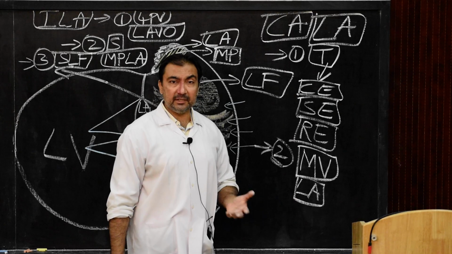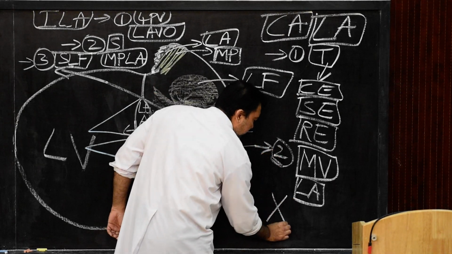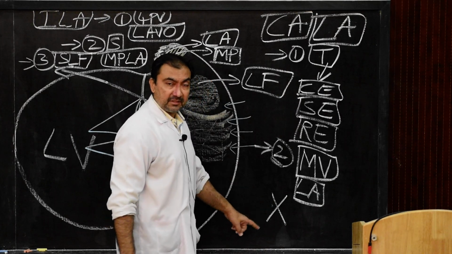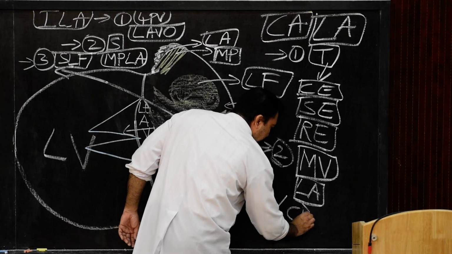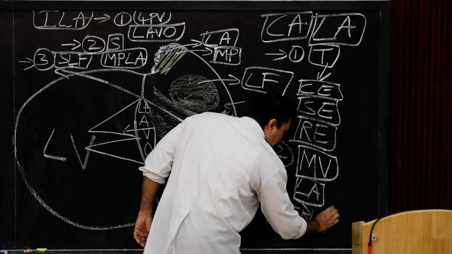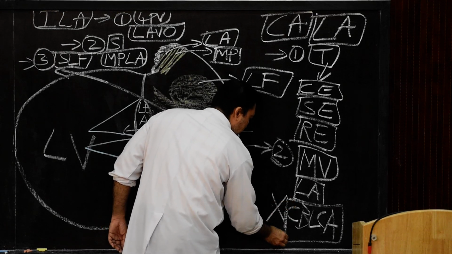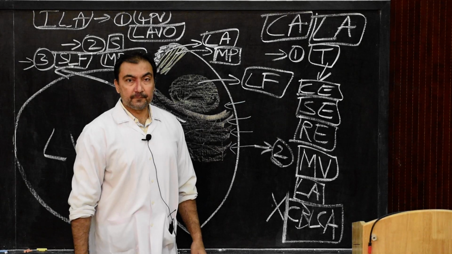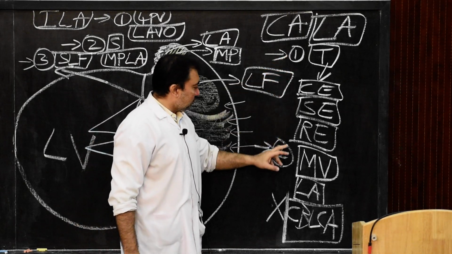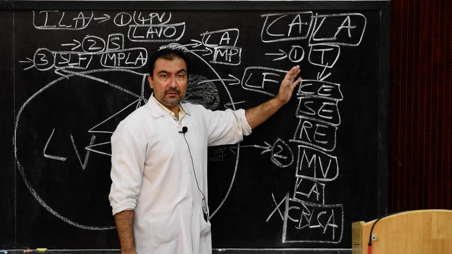In those operative procedures, there are equal chances of damage to which structure present around the left auricle? The circumflex branch of the left coronary artery. There are equal chances of damage to the circumflex branch of the left coronary artery. So these are the two important clinical features of the left auricle.